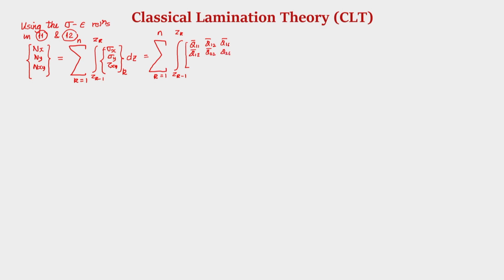You can only write the half triangle also because it is symmetric, but I am writing it full: Q16 bar, Q26 bar, Q66 bar, multiplied by, this is the reduced transformed stiffness matrix for the kth layer, multiplied by the in plane strains of the kth layer epsilon x, epsilon y, gamma xy for the kth layer, dz.